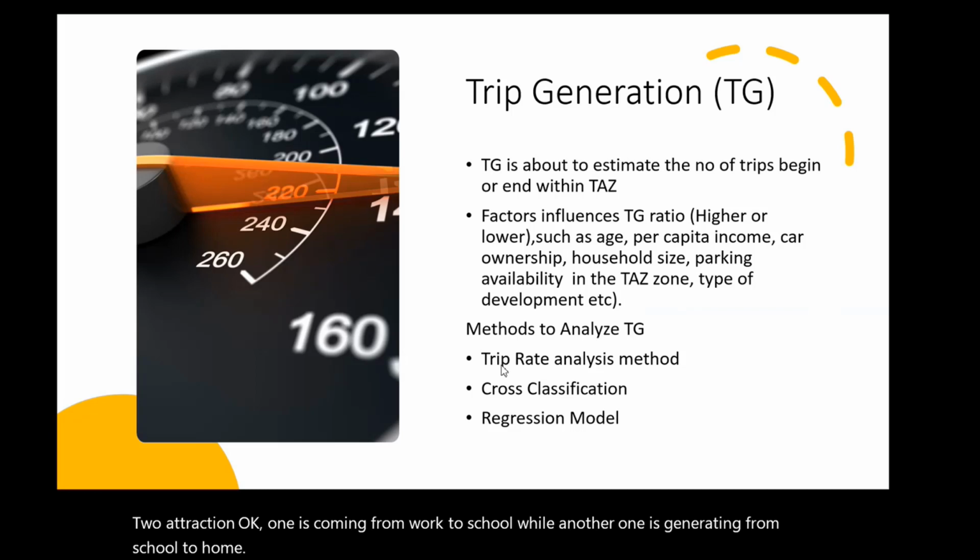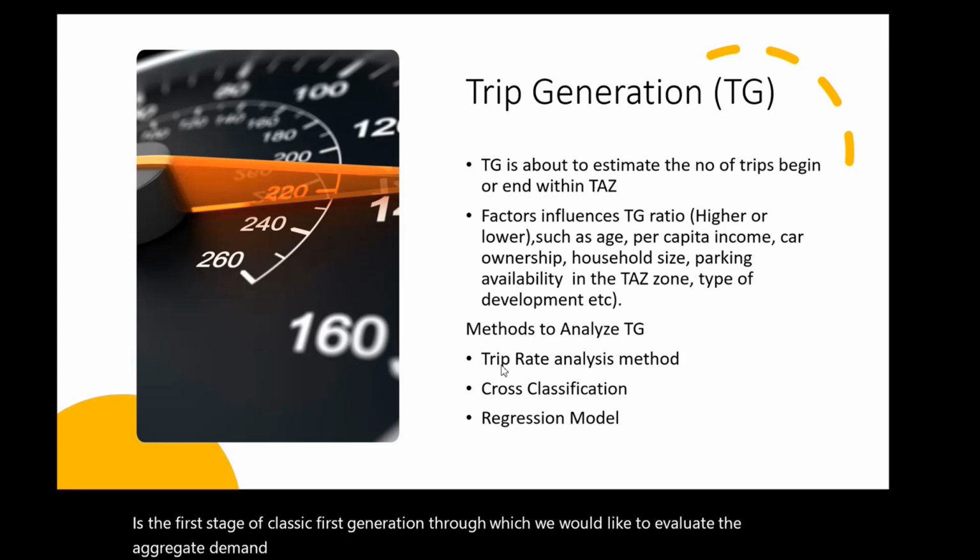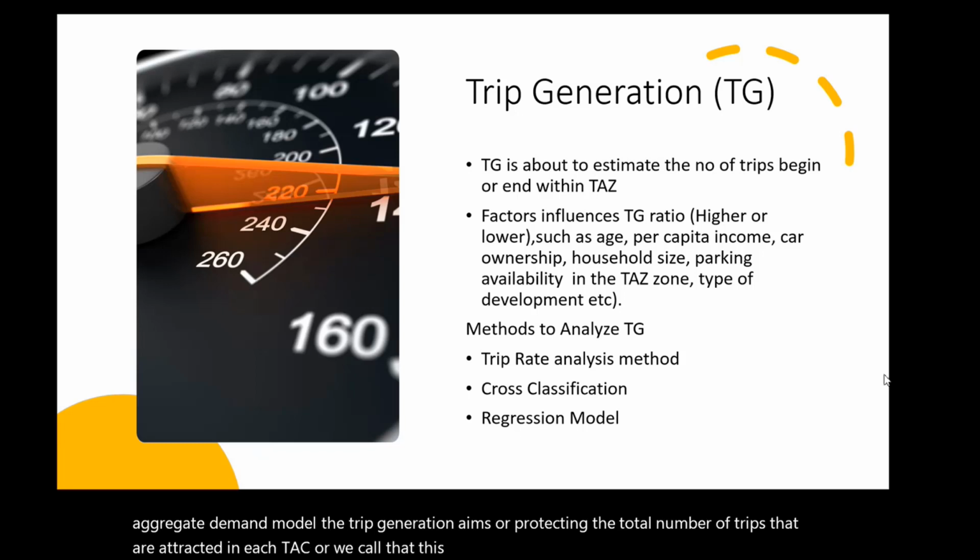Trip generation is the first stage of the classic four-stage model, through which we would like to evaluate the aggregate demand model. Trip generation aims at predicting the total number of trips that are attracted in each TAZ, or what we call the study area.